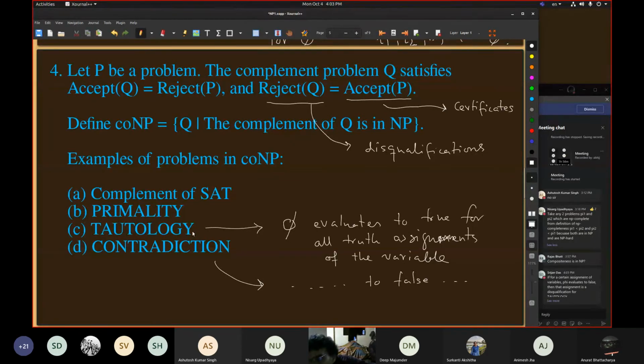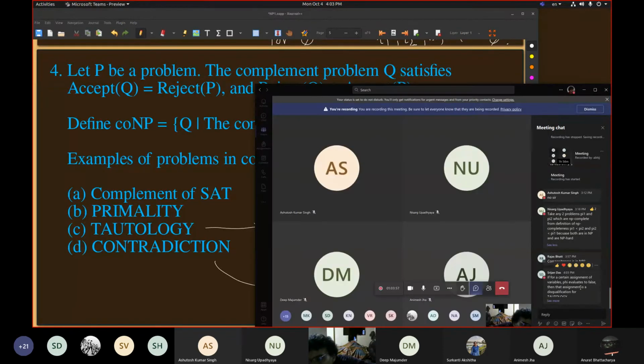A certain assignment of variables giving the value false, then that assignment is a disqualification for tautology.